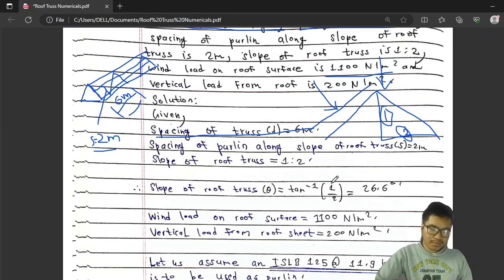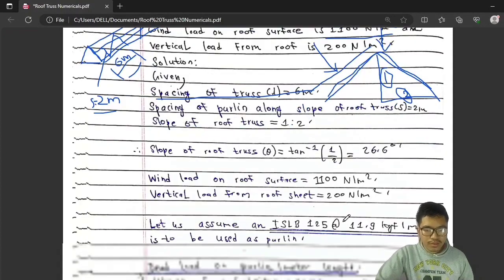So theta is tan inverse of 1 by 2, that is 26.6 degree. Wind load on roof surface is 1100, and the vertical load from roof sheet is 200 Newton per meter square.